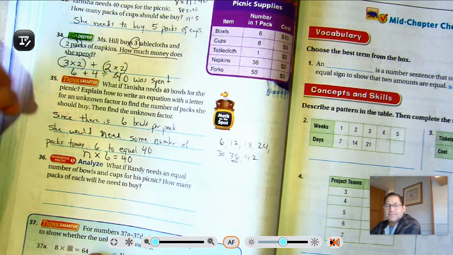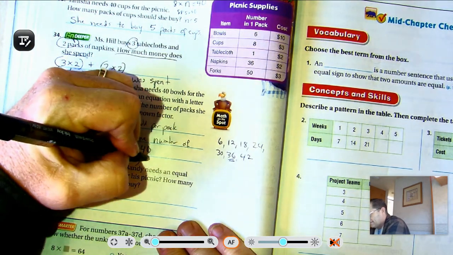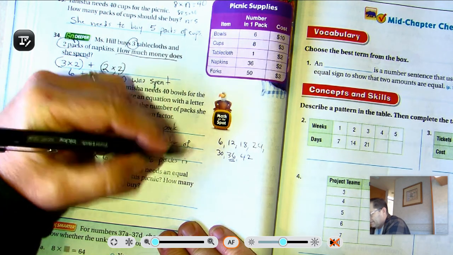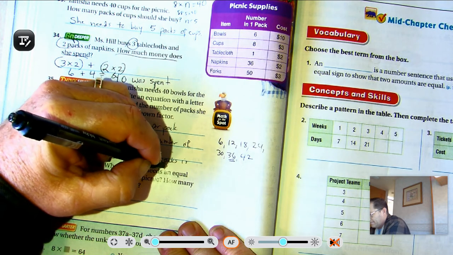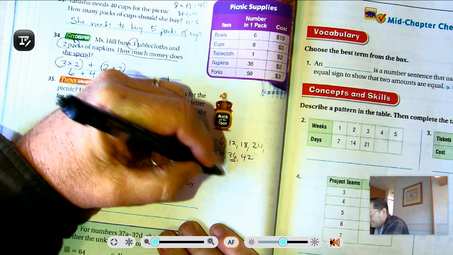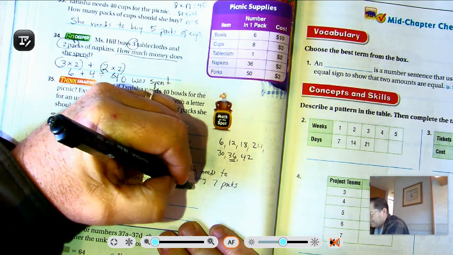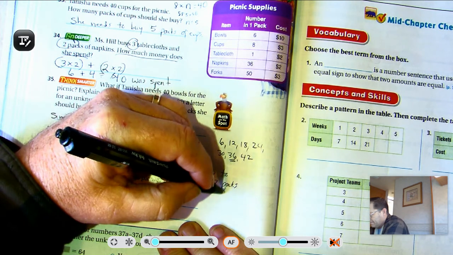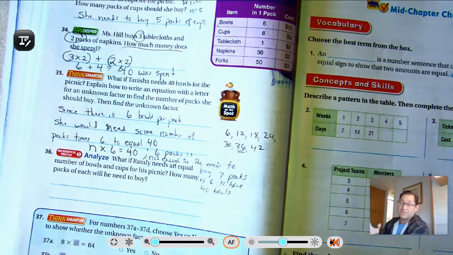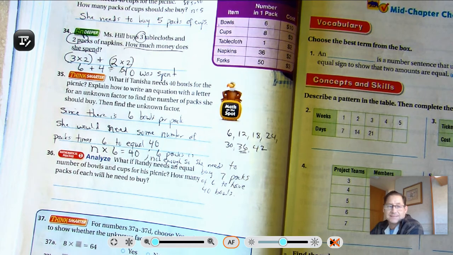So if I have to have at least 40 bowls, I'm going to have to buy 7 packs. 6 packs is not enough. So she needs to buy 7 packs of 6 to have 40 bowls. Okay, she actually has 42 bowls, but if she needs 40, then she needs to buy 7 packs.